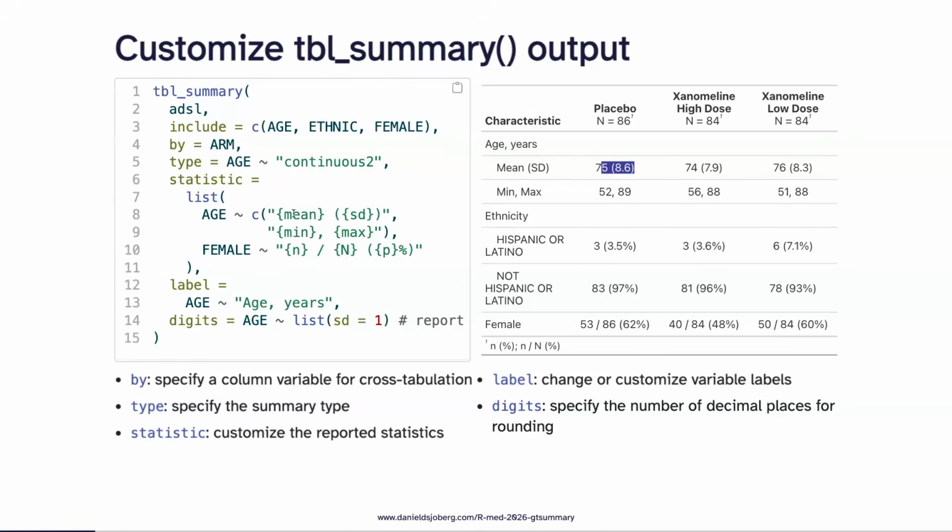So what it's going to do first is it parses this string and says, okay, I need to go find the mean function and I need to go find the SD function. And then I am going to go execute those functions on the vector age. I'm going to come back with those results. I'm going to format it the way that you specified in the digits argument or by the default ways.